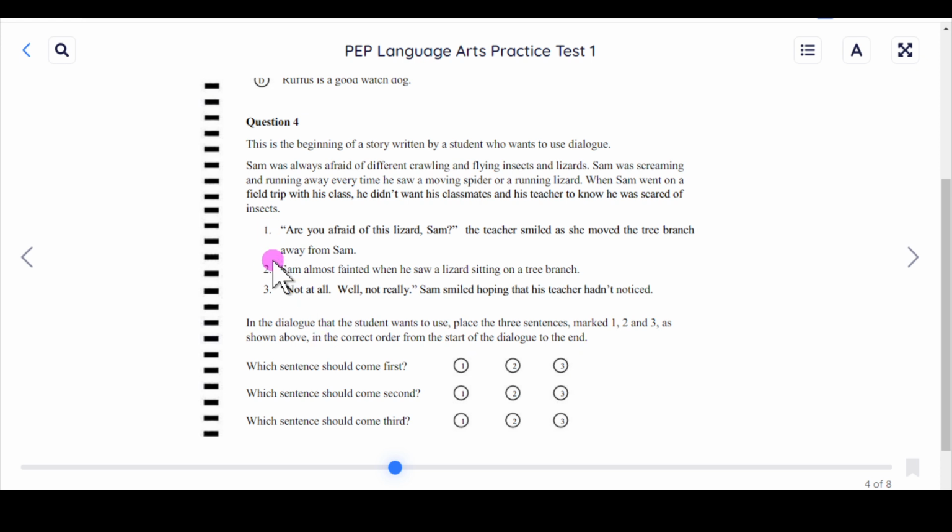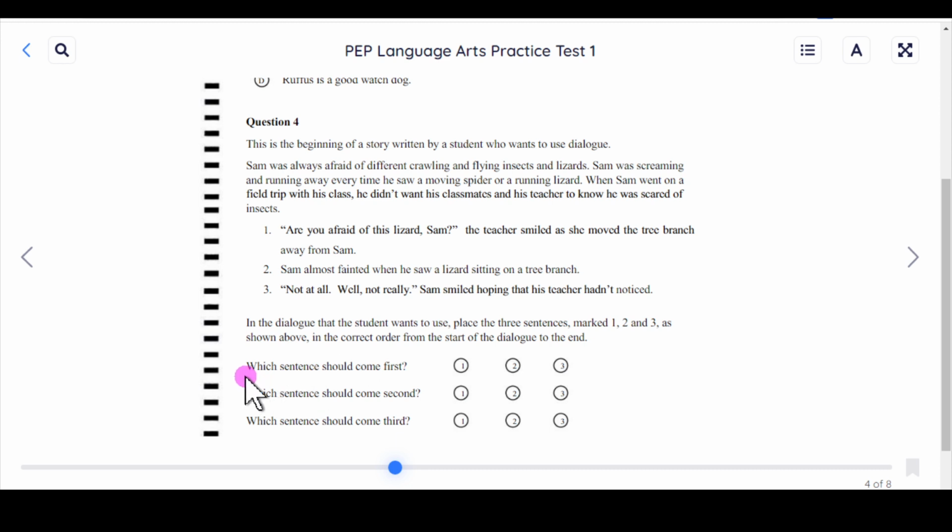Now, a word we could use for correct order is sequence. On another paper, instead of correct order, they could say sequence the following sentences to make the dialogue complete or correct.